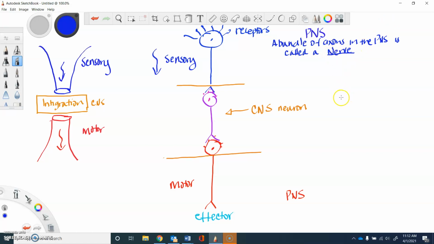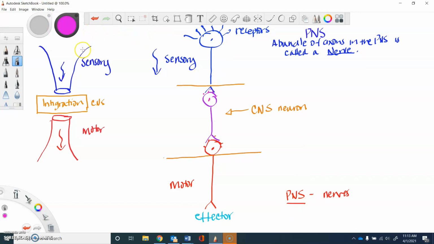So a nerve is not a neuron. A nerve is just a collection of neurons traveling in one direction. On the motor side, it is the same thing. So we still have nerves here, because this is still the PNS. Okay?